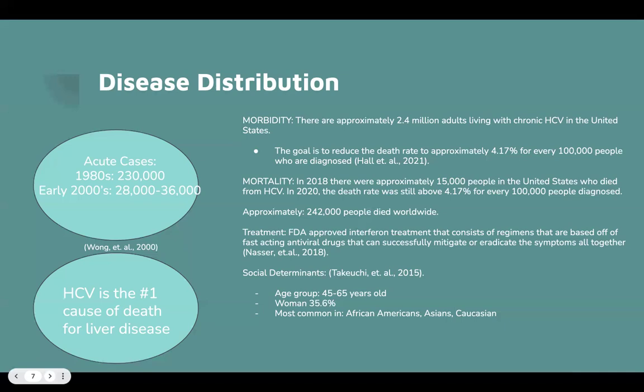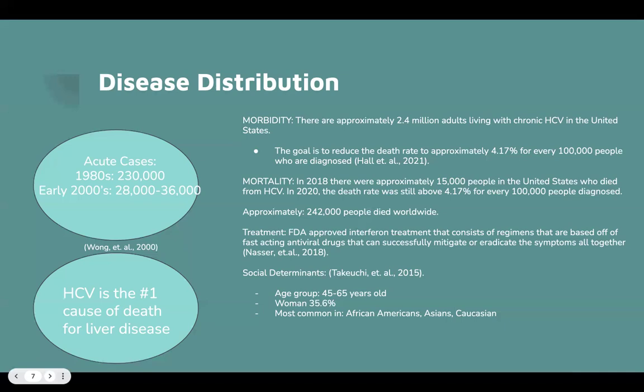But approximately 242,000 people worldwide still die from this, as an average number per year, just because in other countries there's a lot less access to healthcare in comparison to America. And so it affects those populations a lot more significantly.